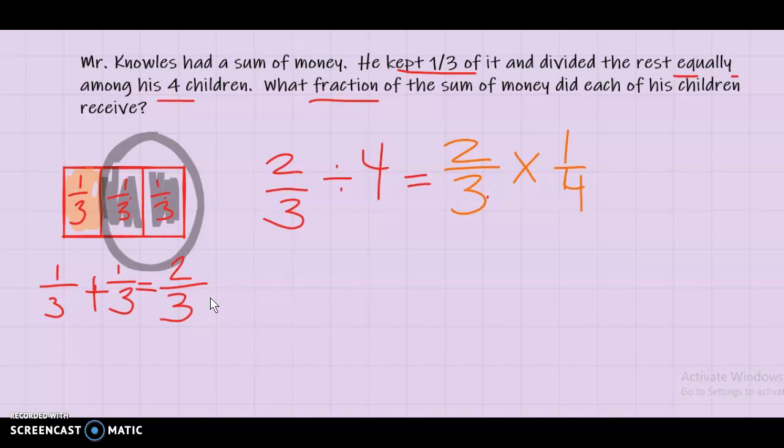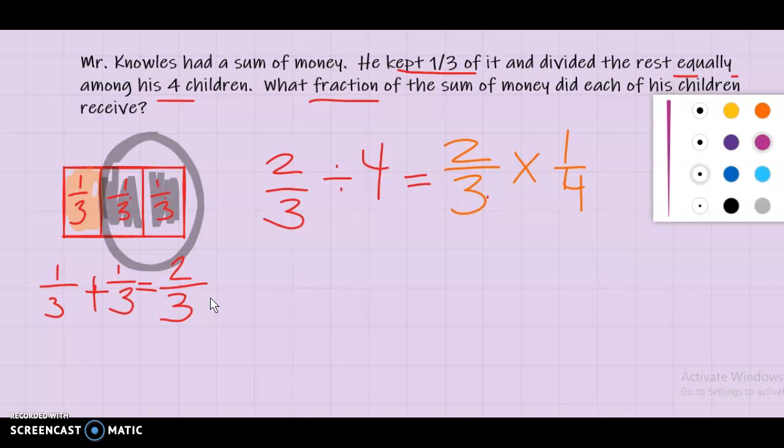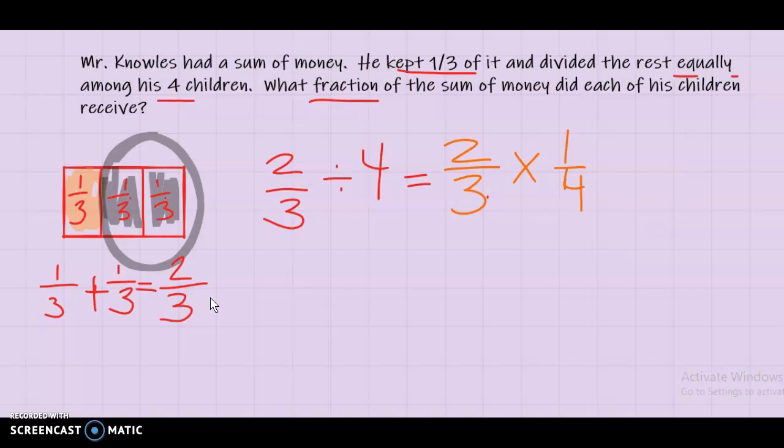And because I want to simplify beforehand, I'm going to look to see what factors I can reduce with. So 2 and 4, 2 can be divided by itself and 4 can be divided by 2. 2 divided by 2 is 1, 4 divided by 2 is 2. All right, so now I'm going to multiply 1 times 1.